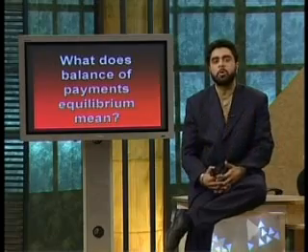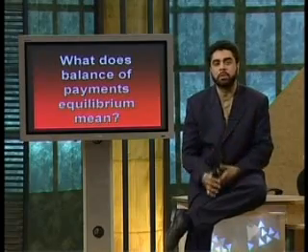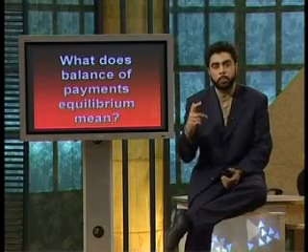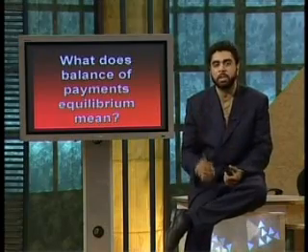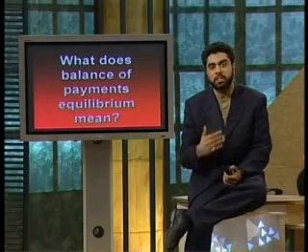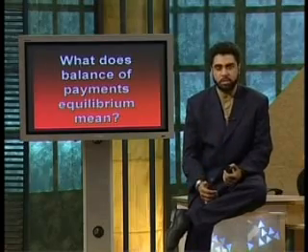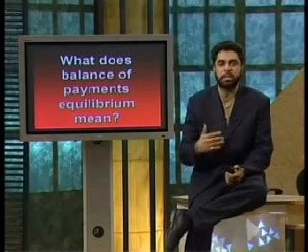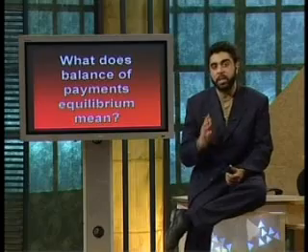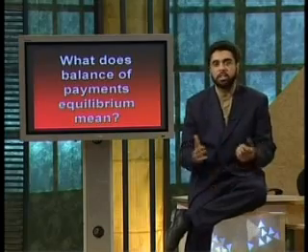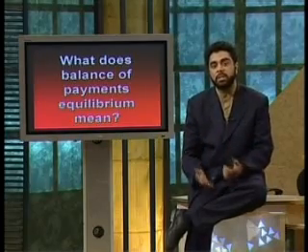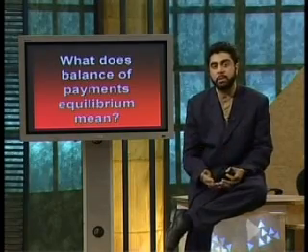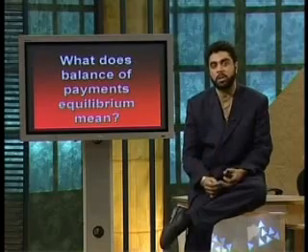When we are talking about balance of payments equilibrium, we are usually referring to the equilibrium in the individual subcomponents of the balance of payments. So if, for example, a country has a very large current account deficit and a compensating capital account surplus, that is, its imports are very high, its exports are not so large. Let's say its imports are 200 million, its exports are 100 million, and there is a gap of 100 million, that's a current account deficit of 100 million.